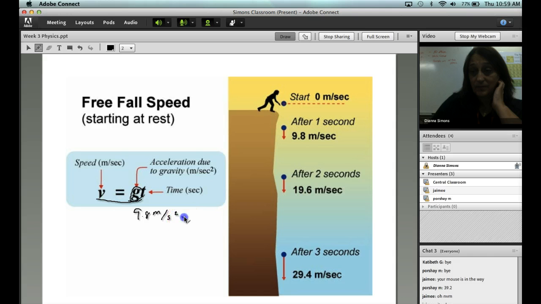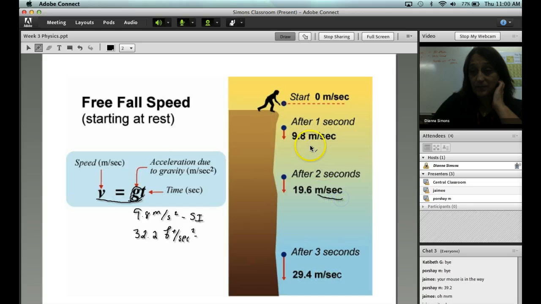This is obviously SI units, but if we're using English units, it's 32.2, I think, and then it's feet per second squared.